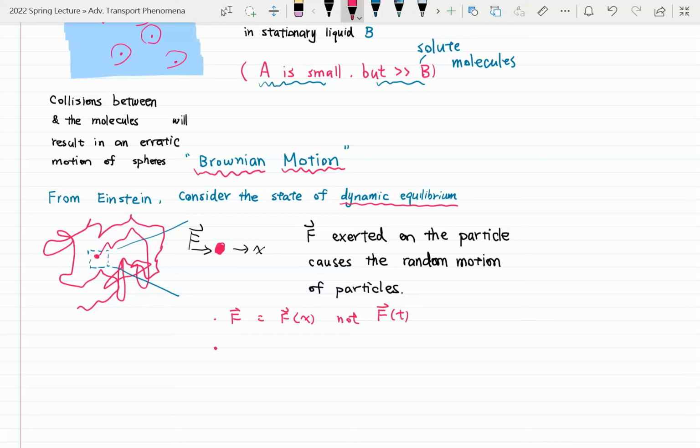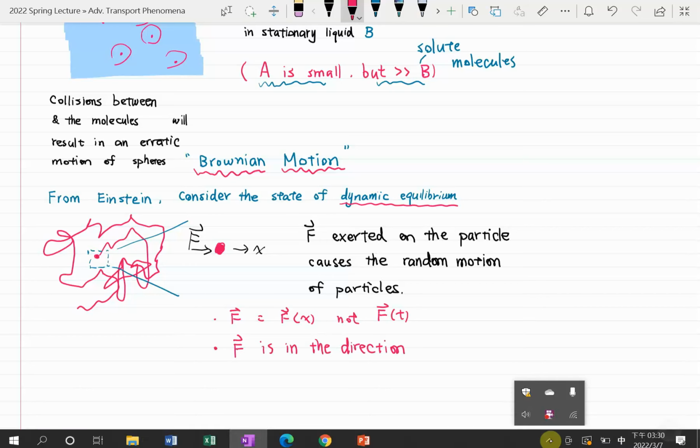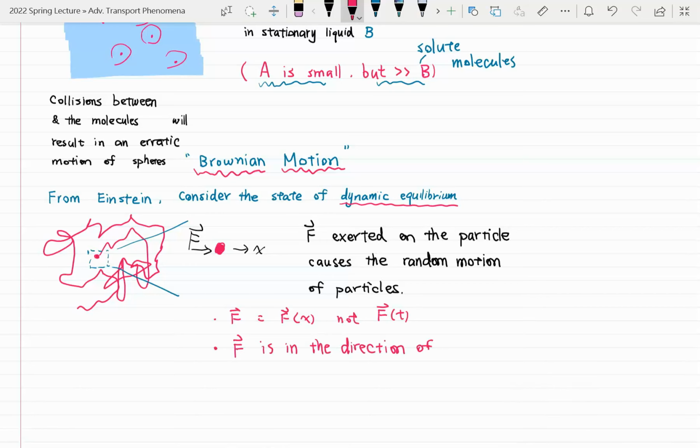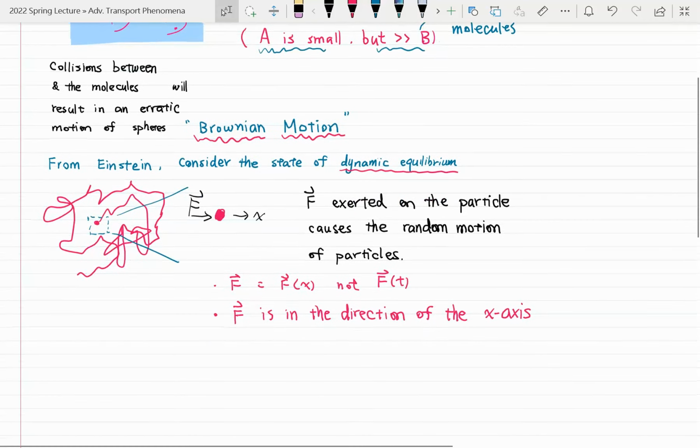And the second one is that F is only in the direction of the x-axis.